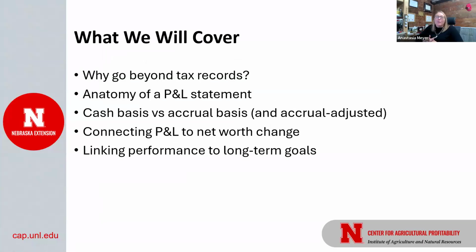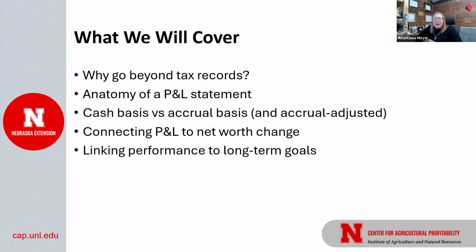Okay, so first off, what are we going to cover? We're going to go over why we are going beyond those tax records. We're going to go over how to build a profit and loss statement, and then cash basis versus accrual basis, and then how we adjust your cash basis to an accrual adjusted.